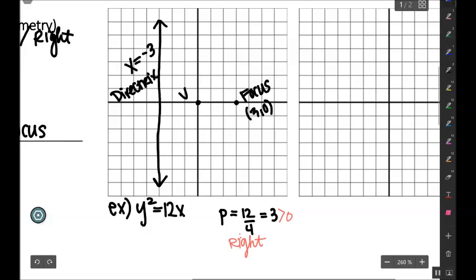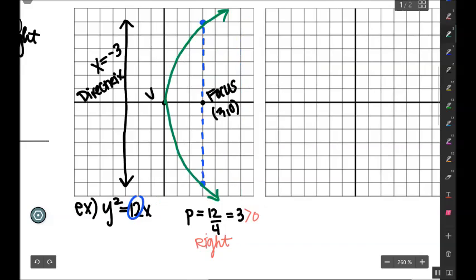Then we have our focal width. Our focal width is 12. So we're going to go up and down 6. 1, 2, 3, 4, 5, 6. 1, 2, 3, 4, 5, 6. So this distance here is our focal width. And then we can graph the parabola through those points.